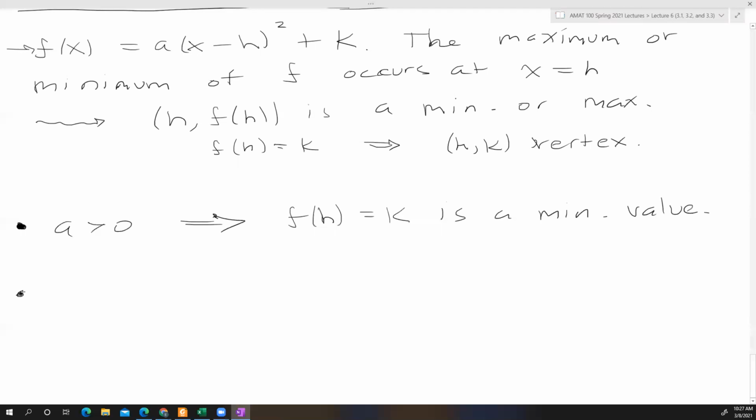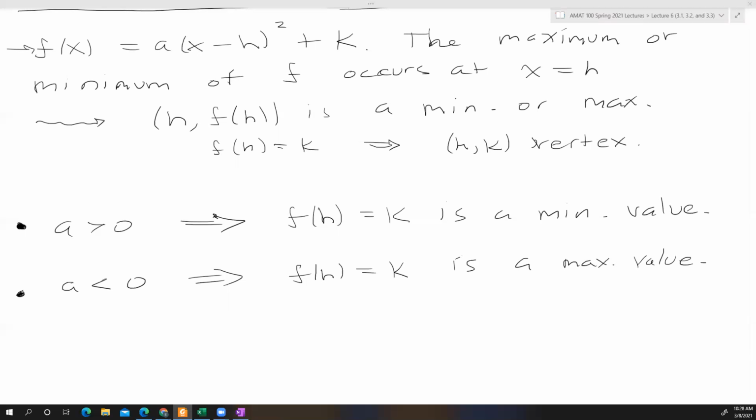And the other case, the only other possible case, is a is negative, and that implies that f of h, which we just determined is equal to k, is a maximum value of the function.